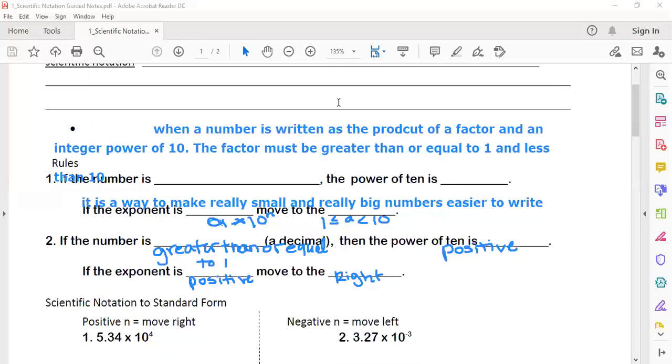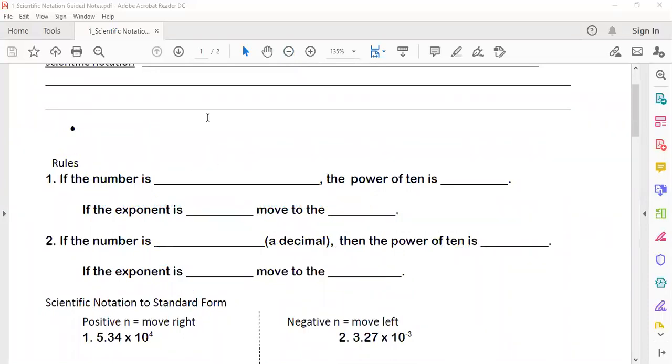So then what happens if the other scenario is that the number is between 0 and 1? So basically, if the number is a decimal, then the power of 10 is a negative power of 10. I know this is a lot of wordiness right now, but I promise it's gonna make sense.